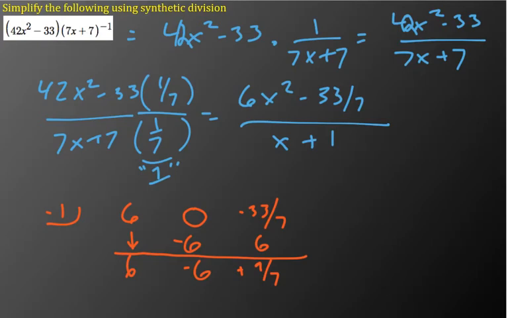And then from that, we could write our answer. So we have 6x, right? This is x number, this is x number, and then the remainder. So we have 6x minus 6, and then this one that looks a little weird, 9/7 over x plus 1.